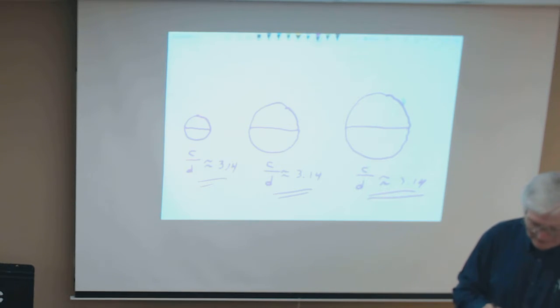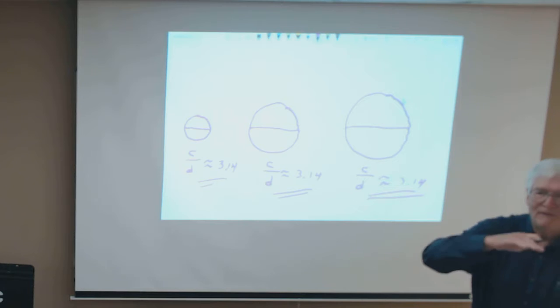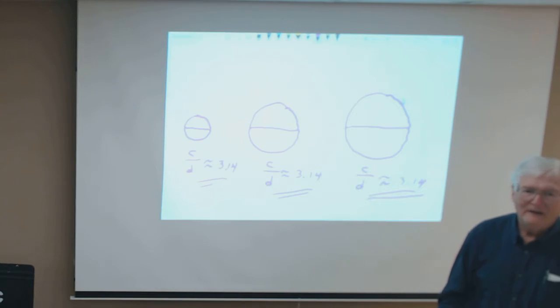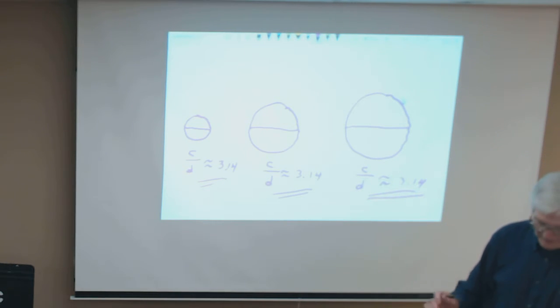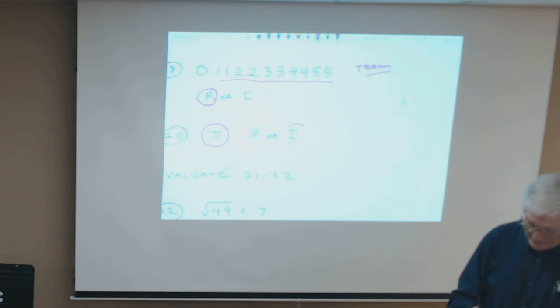Because, see, it's approximately 3.14, but does anyone know what comes after 3.14? Google pi and see how many places they have for it. There's a whole bunch of them. And no matter how far out you work pi, it doesn't terminate and it doesn't repeat. So that makes pi an irrational number.